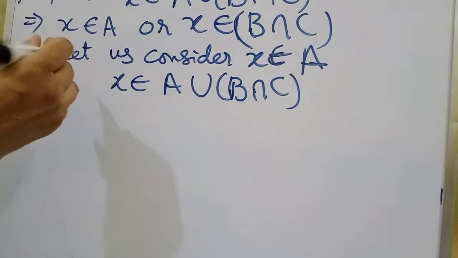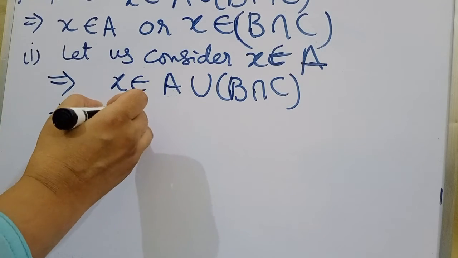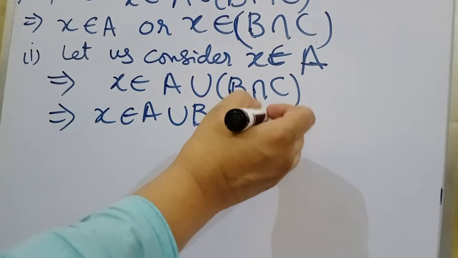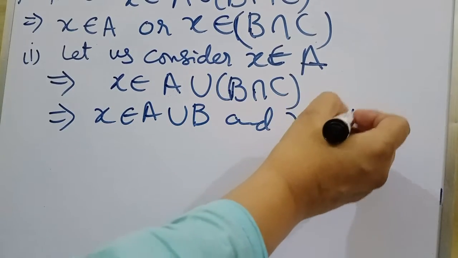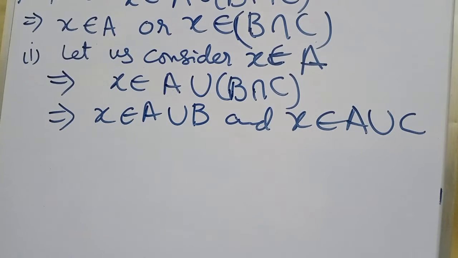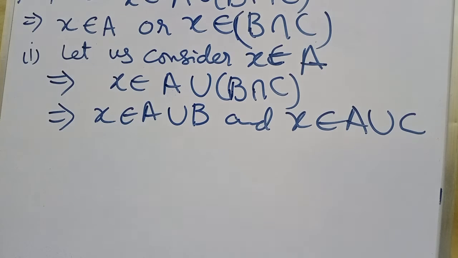It means x can also belong to A union B and x belongs to A union C. This is obvious because x belongs to set A and all those sets union with set A, and also belongs to their intersection.